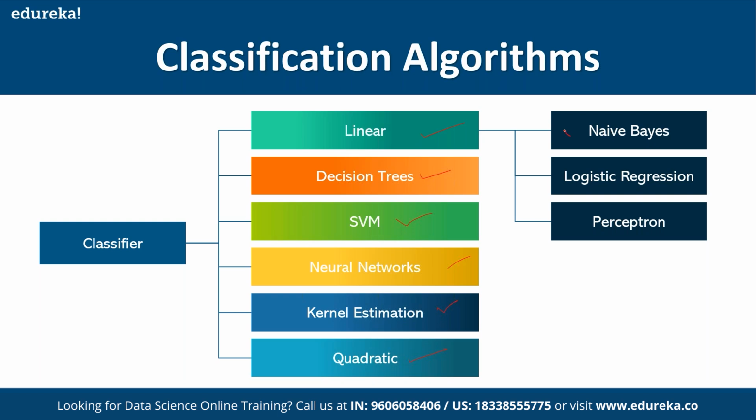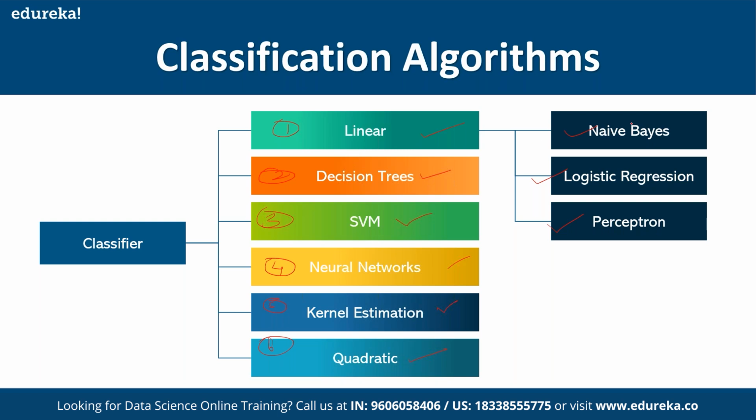In linear, again you have Naive Bayes, logistic, and perceptrons. How many of you are understanding? These are different algorithms which I can choose in order to train the model to predict which categories the input data belongs to.